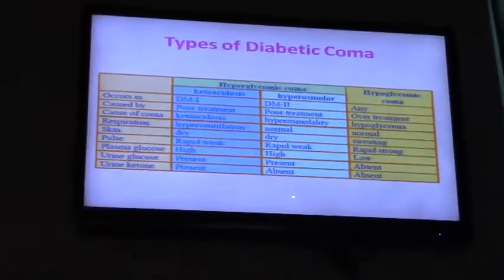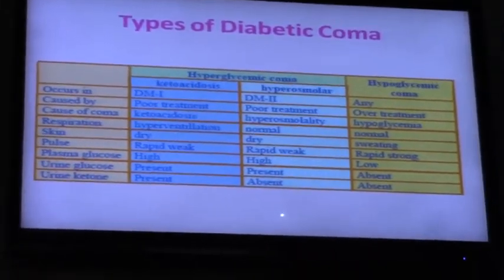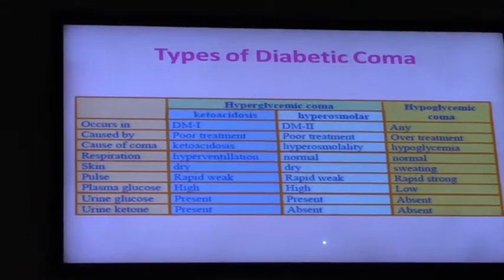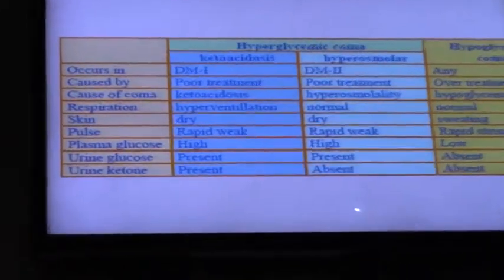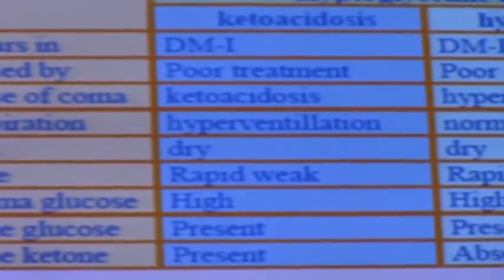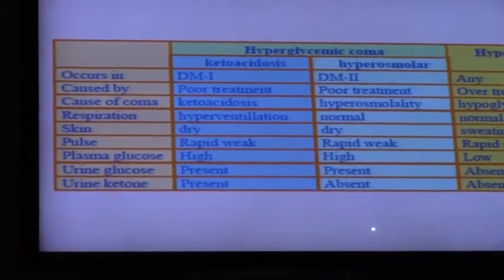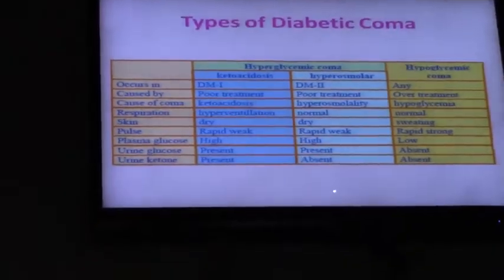The cause of coma, as they state here, is ketoacidosis. But where does this ketoacidosis come from? We said in diabetes there is a decreased consumption of glucose due to lack of insulin. So the body resorts to the other source of energy, which is beta oxidation of fatty acids.